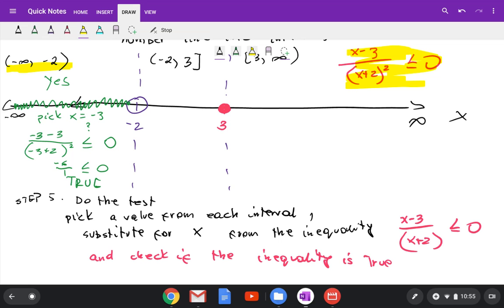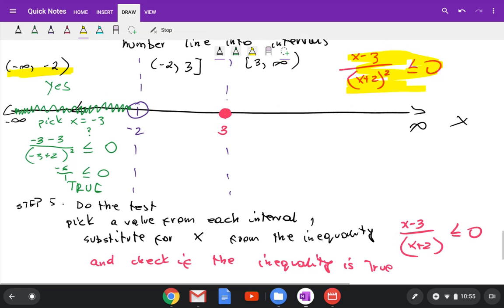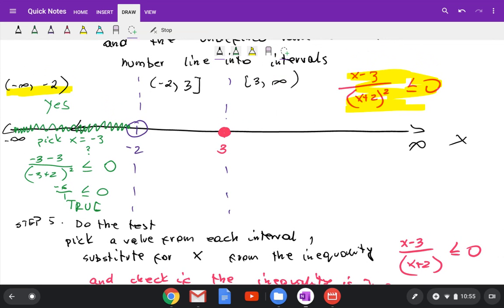Don't stop here. You need to do the same type of work 2 more times. Next, I'm checking if the interval from negative 2 to 3 is also the solution. So I'm going to do similar work. I'm going to pick x from that interval. Let's just select an easy one, make x equal 0, substitute into your inequality.